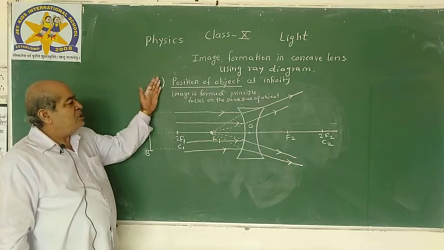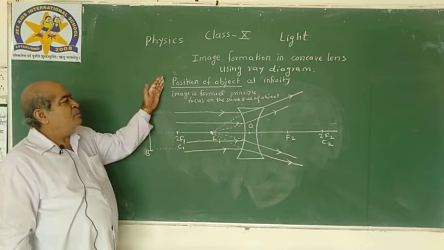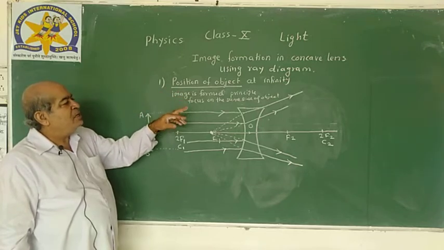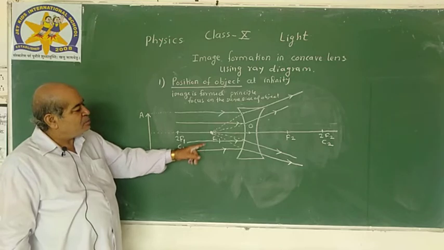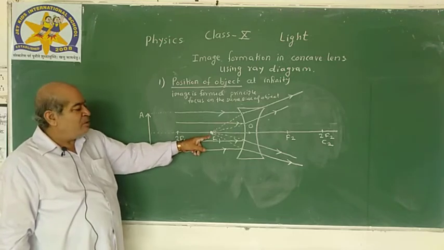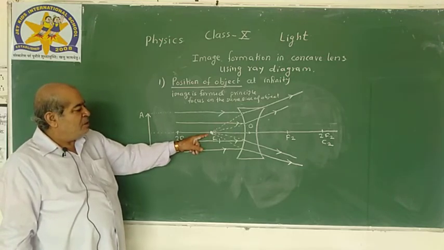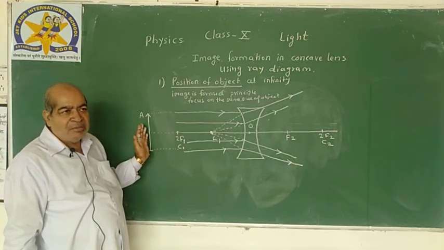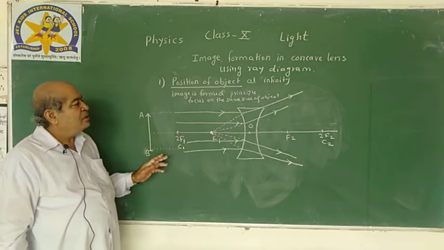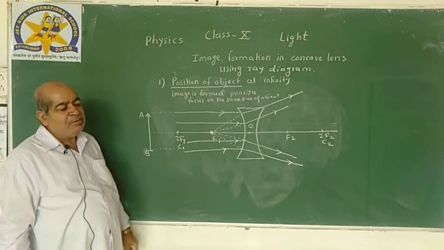The position of the object is at infinity, and the image is formed at the principal focus on the same side of the object.